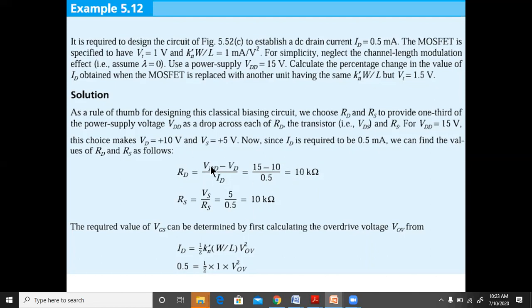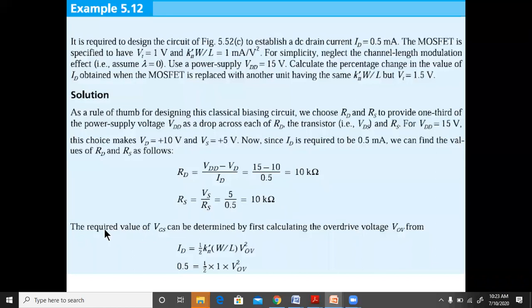Here he has substituted, but this need not be written. You can as well write RD is equal to 1/3 of VDD by ID, and RS is equal to 1/3 of VDD by ID. This is ID, not RS. Please remember that this is ID, not RS. So 5 by 0.5 equals 10 kilo ohms. Both of them are 10 kilo ohms.